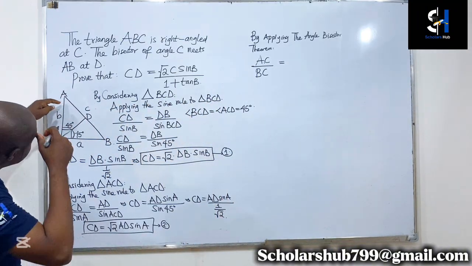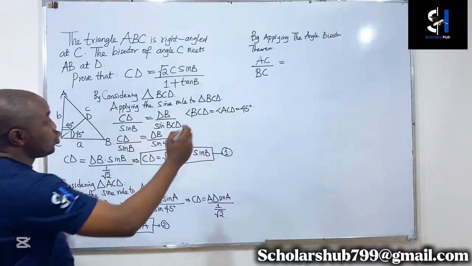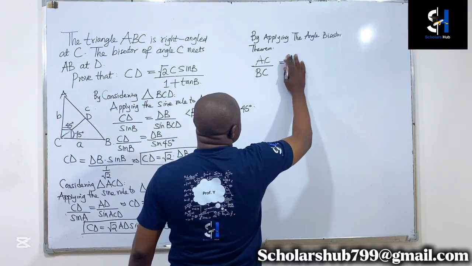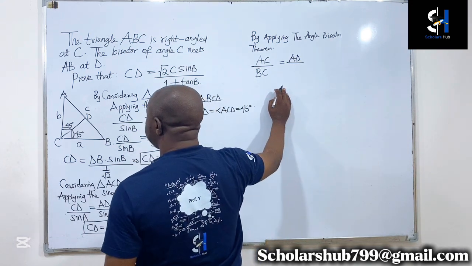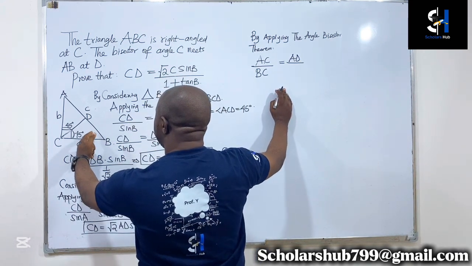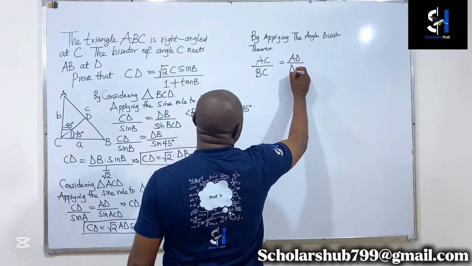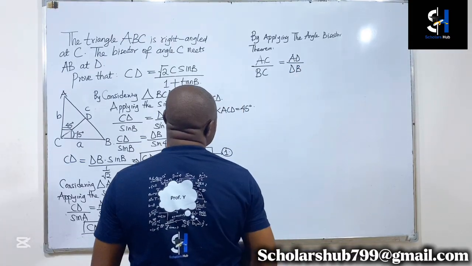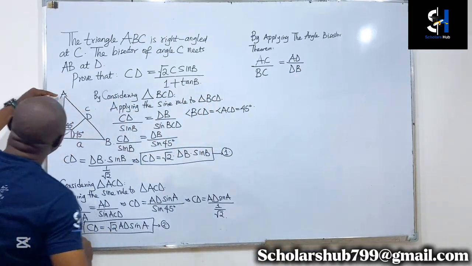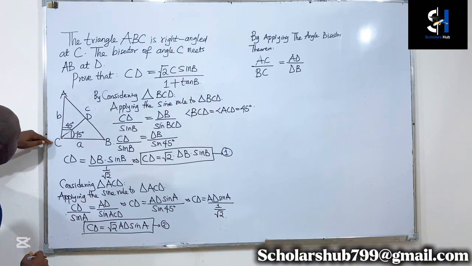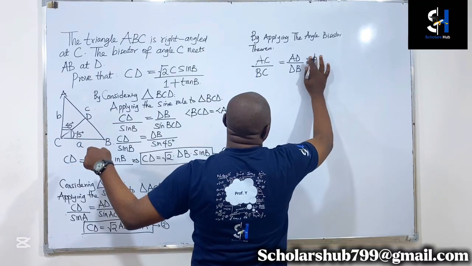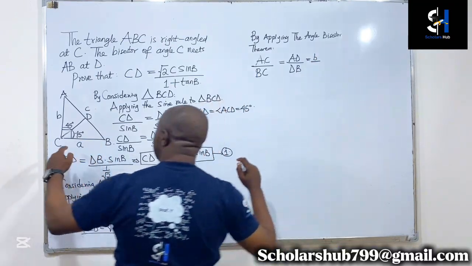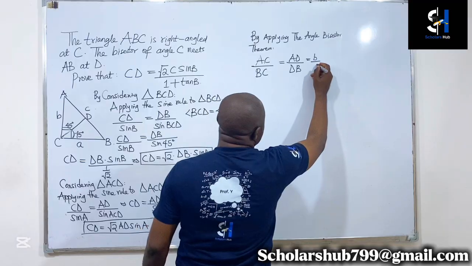equals AD divided by DB, because this line bisects this side into two. We can see from here that AC is lowercase b, and BC is a.